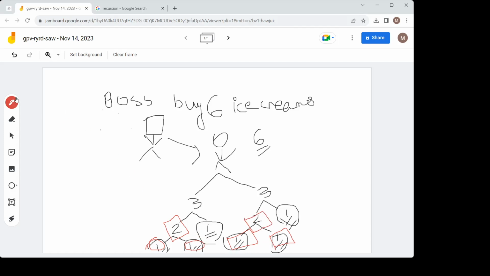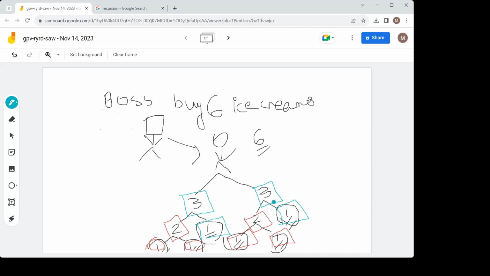And in this step, he was waiting. He bought one ice cream from the store, and now in this step, this person has two ice creams, and these ice creams were bought by his friend. Now he has two ice creams, and this person has one ice cream. In total, there are three ice creams, and the job of this person is done. And the same thing is over here as well.